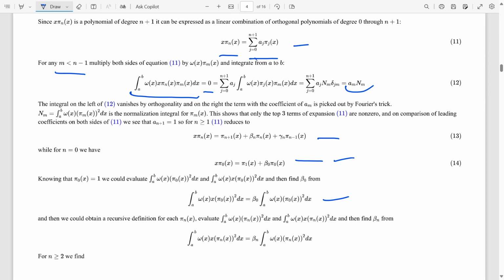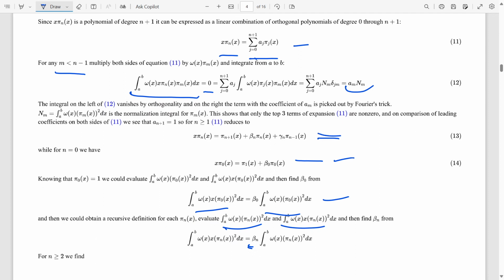If we knew these two integrals, this one and this one, we could similarly determine beta n from this equation.